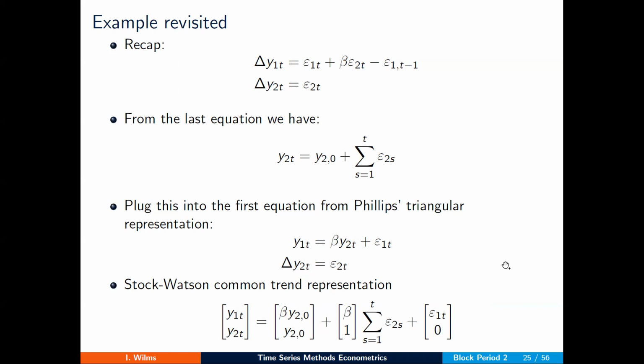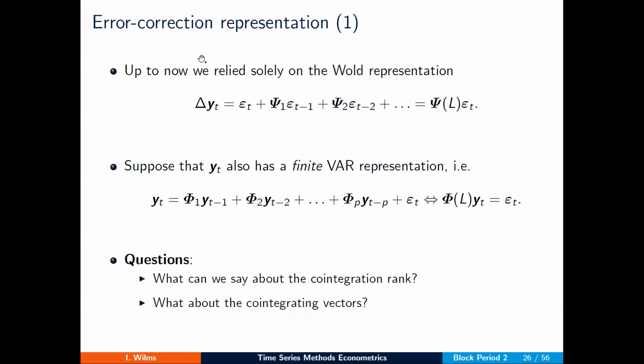Now we have seen two representations already. So let's have a look also at the final one, namely the error correction representation. Importantly, until now, we only relied on Wold's representation to construct our co-integration representations, Phillips triangular and Stock and Watson. In order to get this third representation, we need to make an additional assumption, namely that yt has a finite VAR representation.